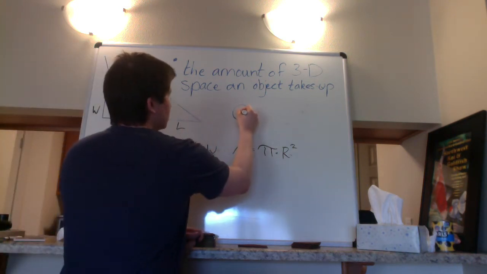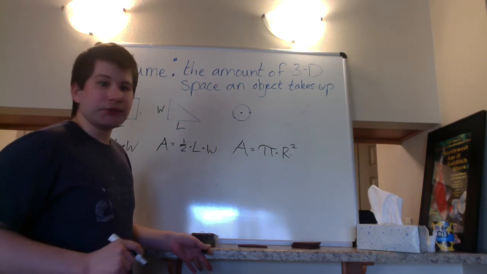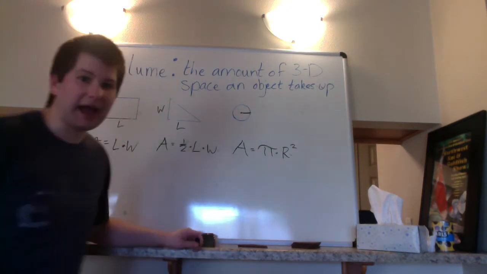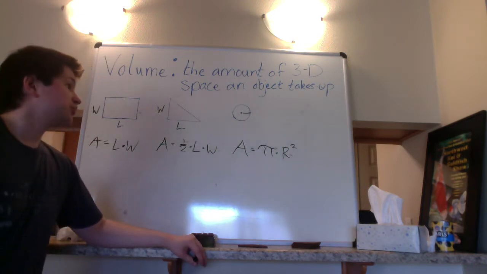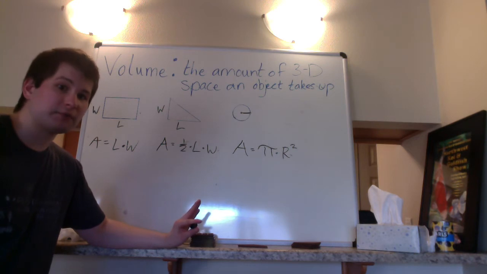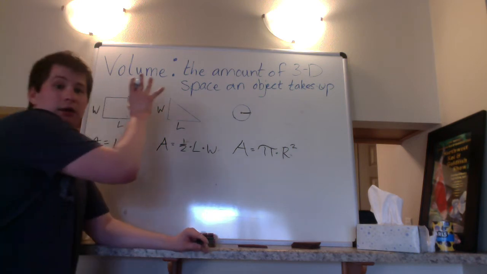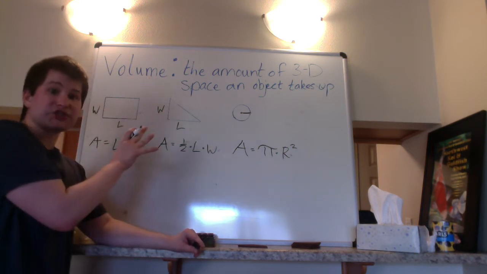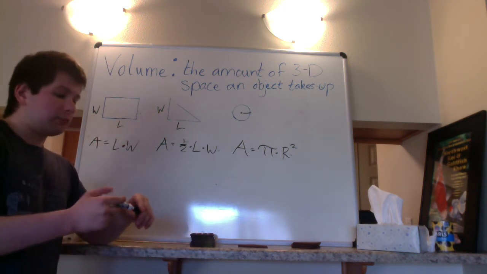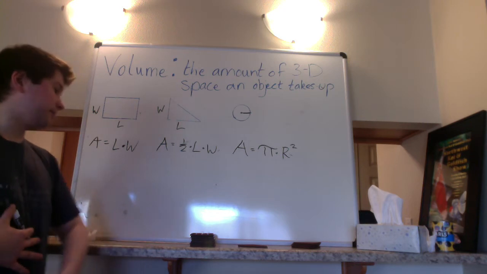Now the radius is what? The radius is going to be the distance from the center of a circle to the outside. So let's go ahead and move on from here. If you had trouble with any of this area stuff, make sure you go back and look at those videos that talk about area before you move on to volume.